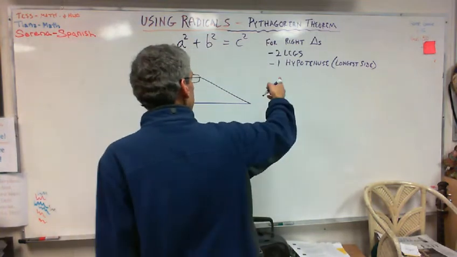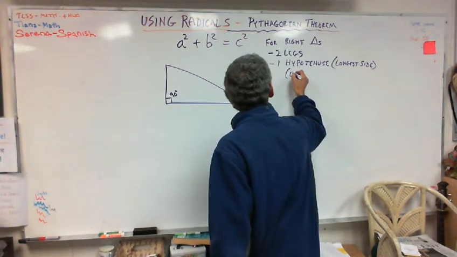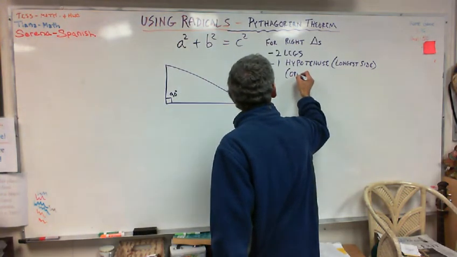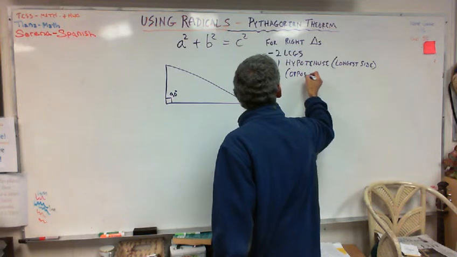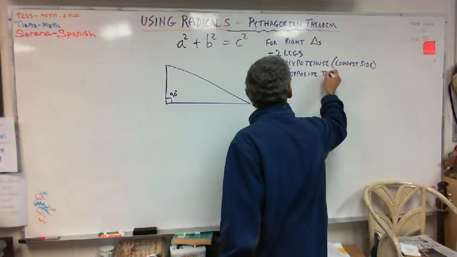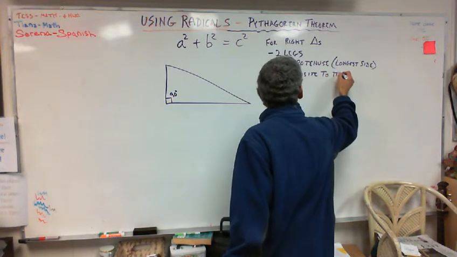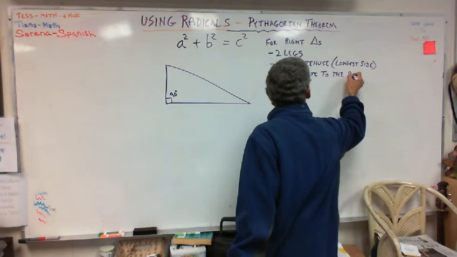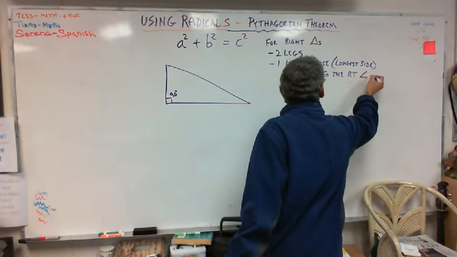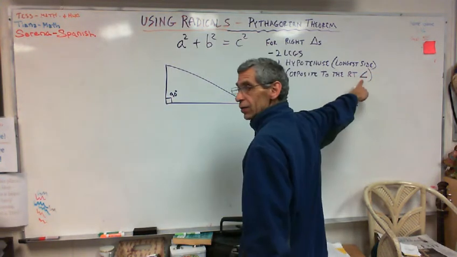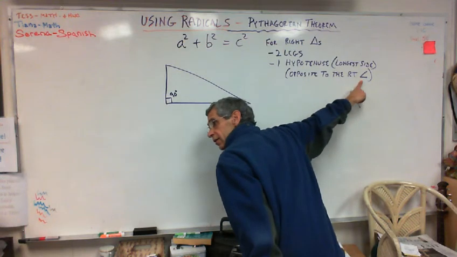The other way you can think about the hypotenuse is that it is opposite the largest angle, which is the right angle. By the way, that's how you write angle in geometry.